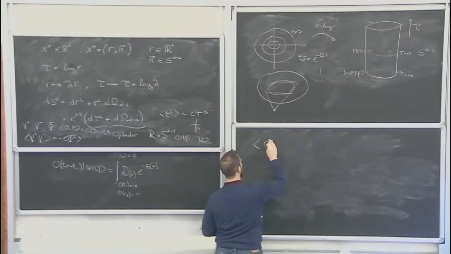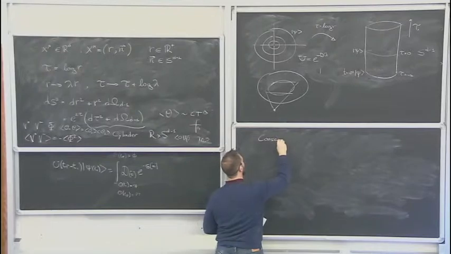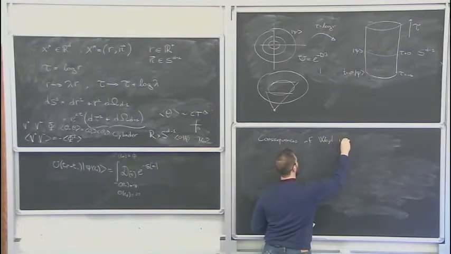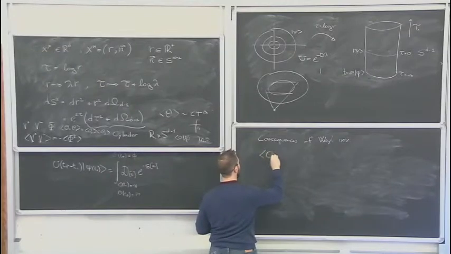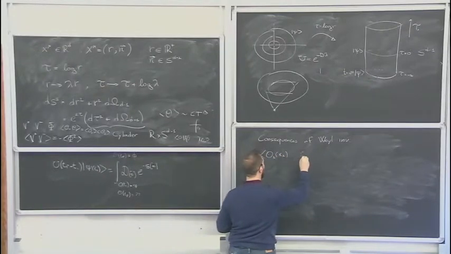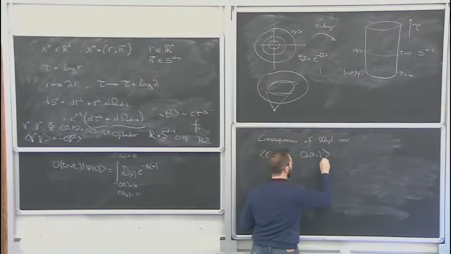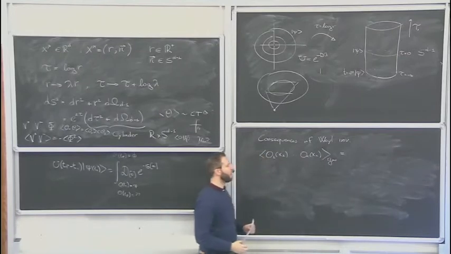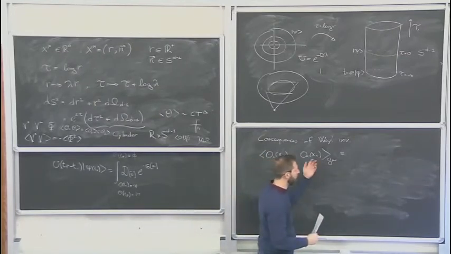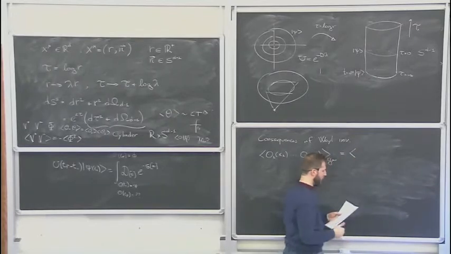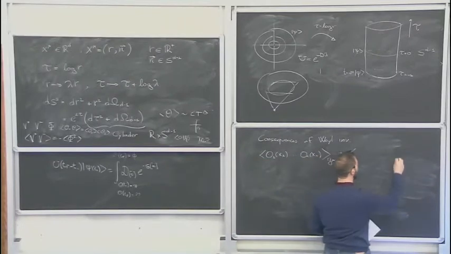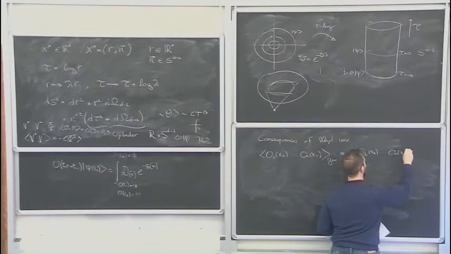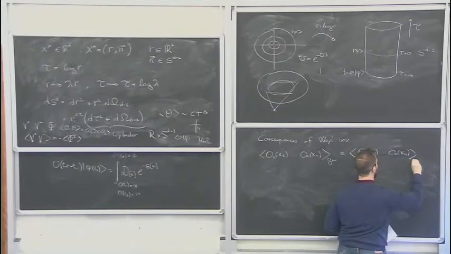If you have a correlation function O1(x1) ... On(xn) defined on some space with a metric g_mu nu, you can perform a Weyl transformation, and you can relate this correlation function to the correlation function O1(x1) ... On(xn) on a space-time with a different metric, let me call it omega squared g_mu nu.